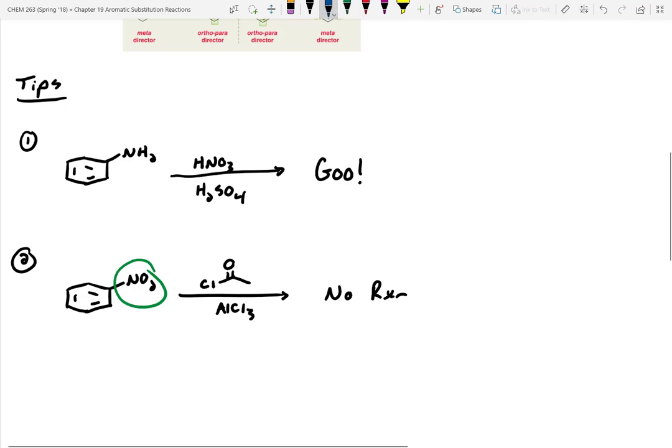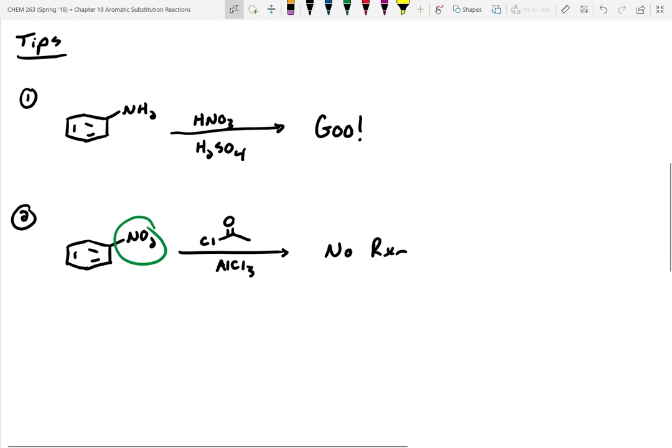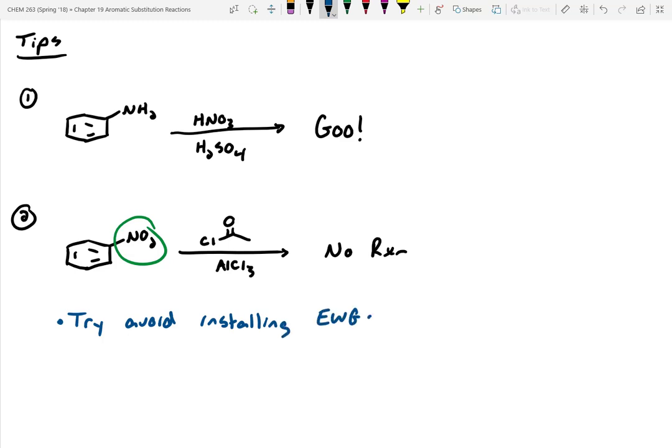So anytime you're doing synthesis problems, there's two things. Try to avoid installing electron withdrawing groups until last, if possible. Sometimes it's not possible. This is to avoid limiting yourself, right? If you install that nitro group, you can't do alkylations, you can't do acylations very easily.